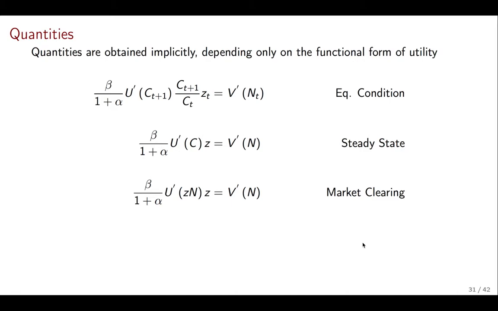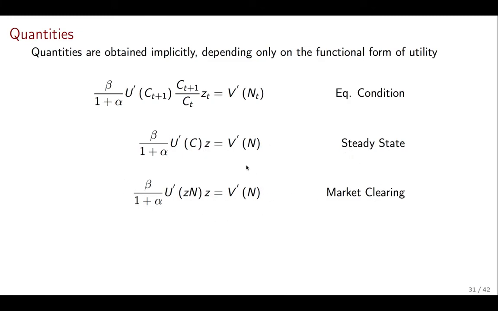Now, to close this video, let's go back to the expression we had that was determining the quantities of the model. This is the equilibrium condition that's going to relate labor to labor in the future or consumption, since they are all tied. But in a steady state, this term goes away. And not only this term goes away, you can also replace by market clearing.